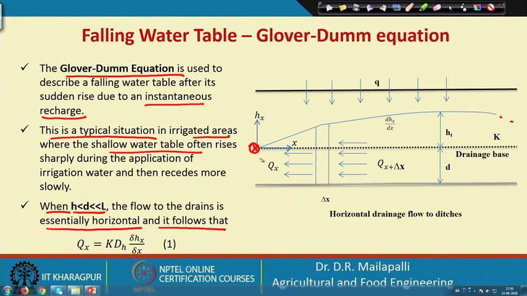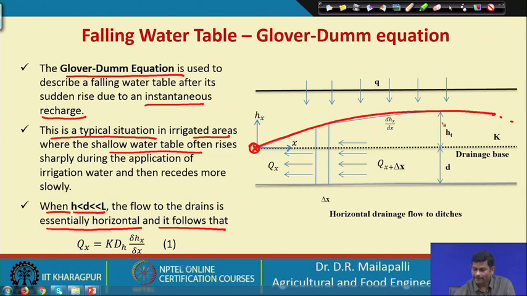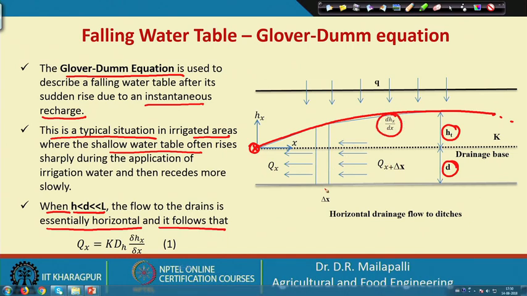This is the water table, and at the midpoint this is h t, the head at the midpoint, and this is the drain depth. dh x by dx is the change in water table with distance.